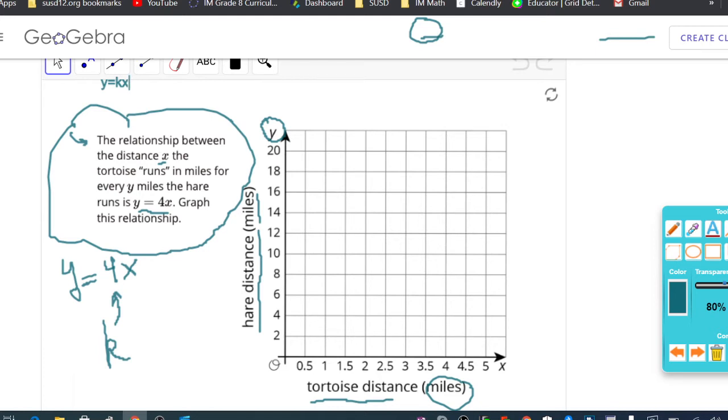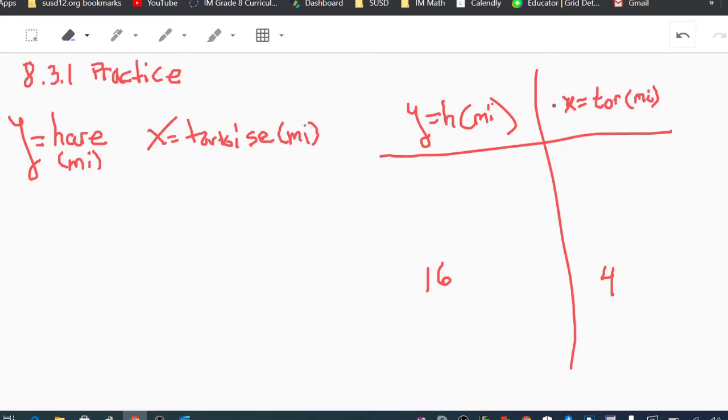Now, if you're not sure or you don't believe me, I can prove it. Okay, so we already know that the hare runs 16 miles for every 4 miles that the tortoise runs. Go ahead and put this in your notes. Let's make a ratio. For the hare, it's 16 miles, and for the tortoise, it's 4 miles. Put this in your notes. This is going to be your proportional constant.